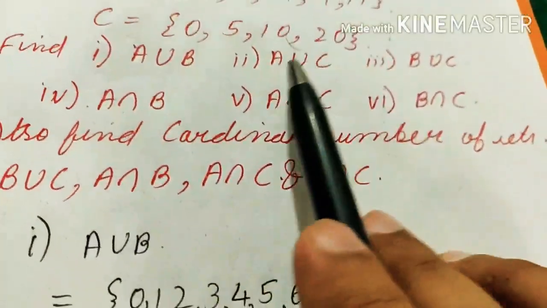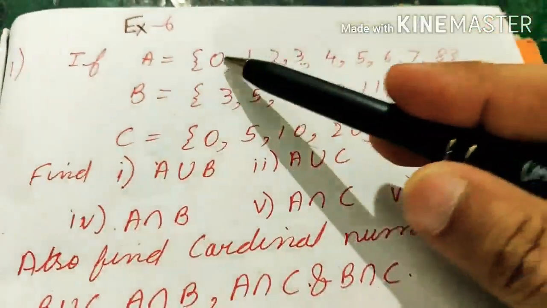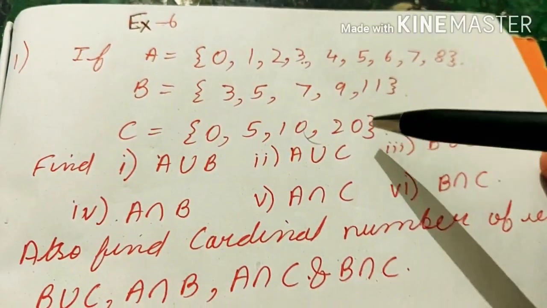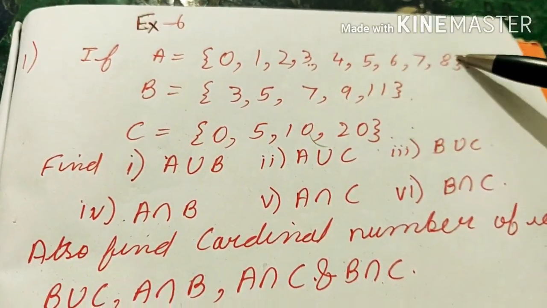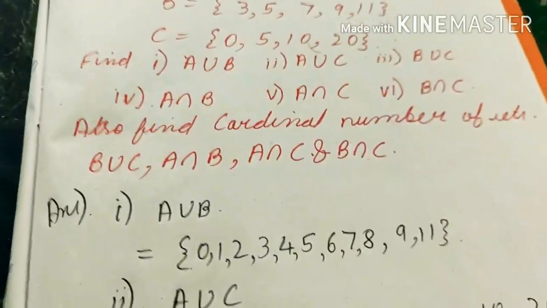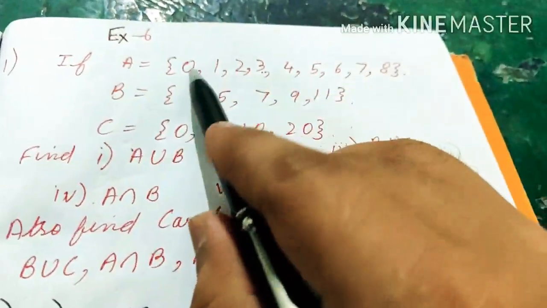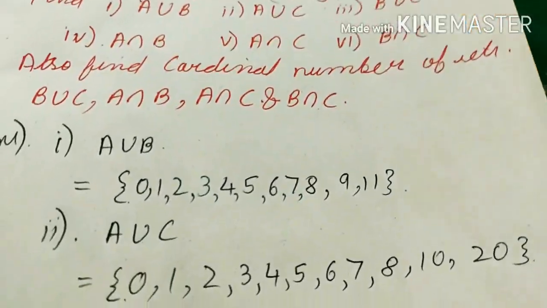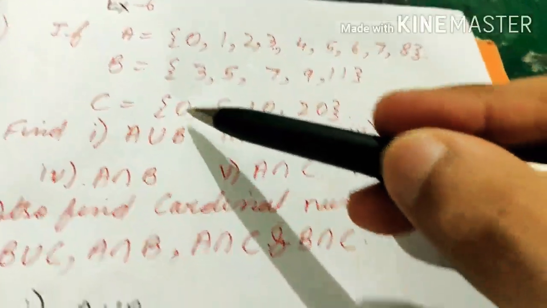What next? Union of A and C. Again we have to write a set that contains values of both A as well as C. So first we will write all the values of A here. Look, these are all the values of A. Okay, what next? C: 0.